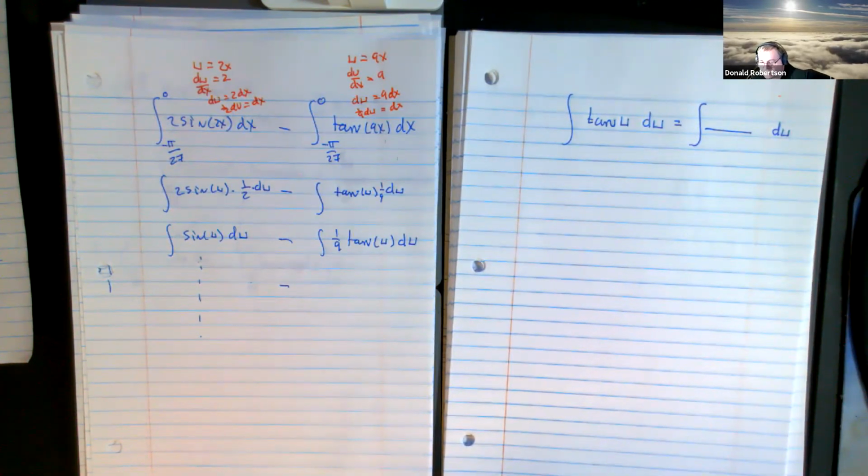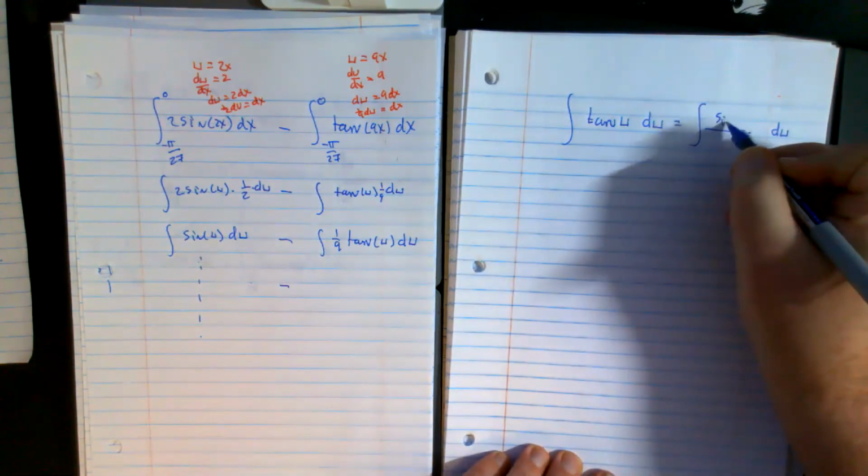What is another way of writing the tangent of u that you hopefully remember from trig? Tan u is equal to somebody over somebody else. Tan u is something divided by something. Is it sine over cosine?